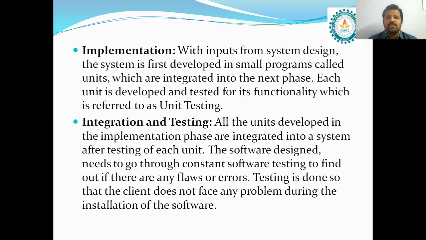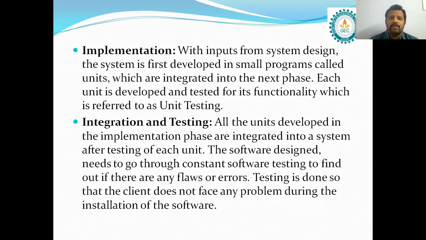In the implementation phase, with the inputs from the system design, the system is first developed in small programs called units. The output of the previous phase can be considered as the input in the implementation phase. Already we discussed the breakdown structure: we can break down the project into small modules, and these modules are further divided into units.